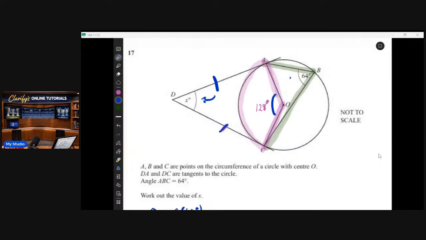But what we know is that we can make a triangle. Look here. This is 128 degrees, right? There are shortcuts. There are many ways. If you have a different one, you use it. But look at this. We can make this into a triangle. This is 128 degrees. We can make this into a triangle.